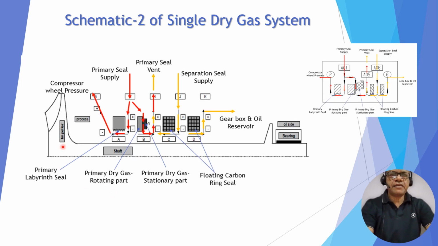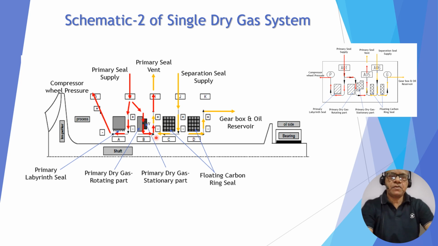Let's see another schematic, very much the same thing. Dry gas seal coming here, this is the shaft. This is the primary labyrinth seal, where the majority of gas passes and goes to the compressor wheel pressure, which is sealing. This is the primary dry gas seal rotating part, and this black color is the primary dry gas seal stationary part. This is tungsten carbide, this is carbon.